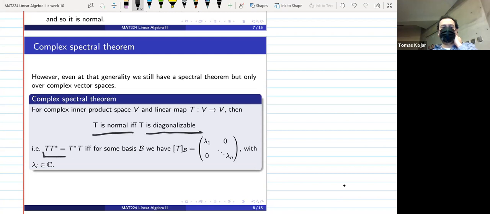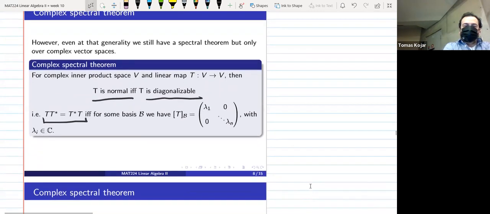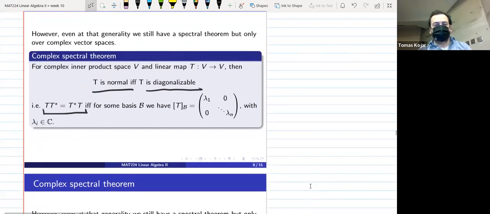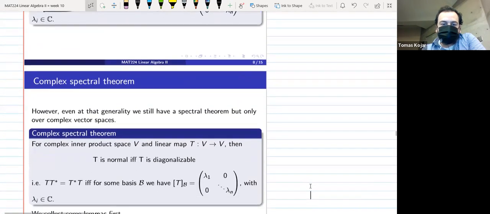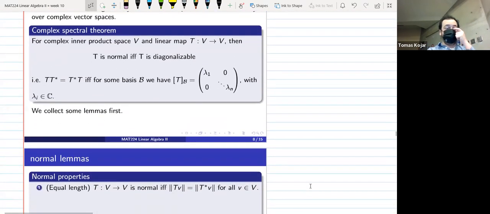Okay, so if you commute with your adjoint, you can be written as a diagonal matrix. All right. Good. So we have to build to it.